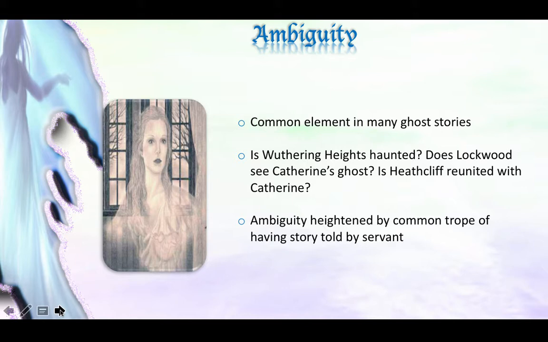Well, we never really know. And just how tragic that story is depends on whether we think she has or think she's a couple of bricks short. But in Wuthering Heights, Nellie herself never actually thinks she's seen Catherine's ghost. Is there a ghost? We don't know. We never know, and that is ambiguity.